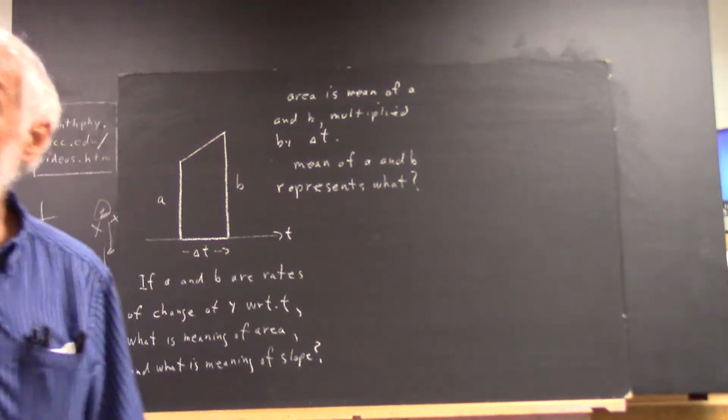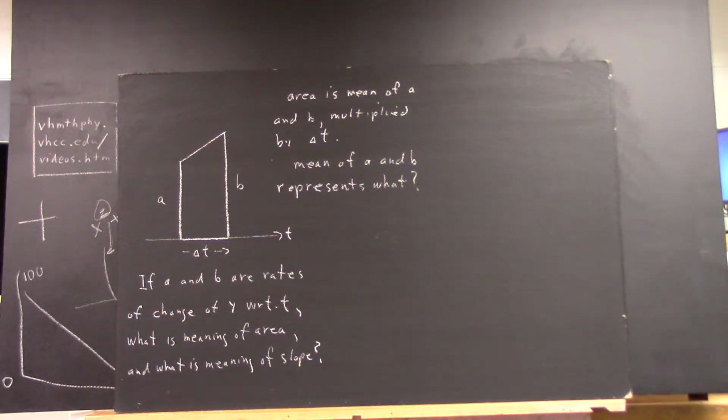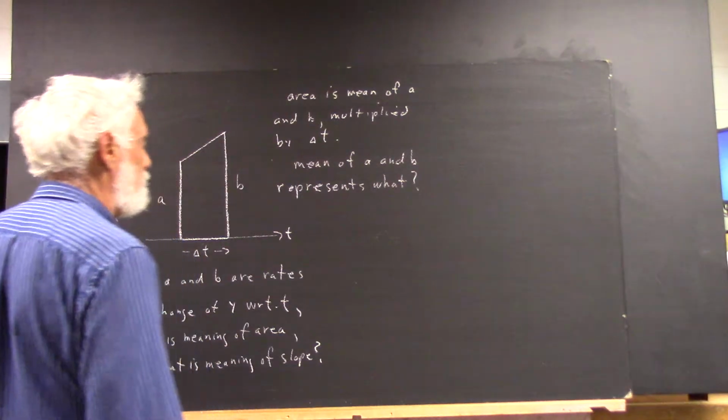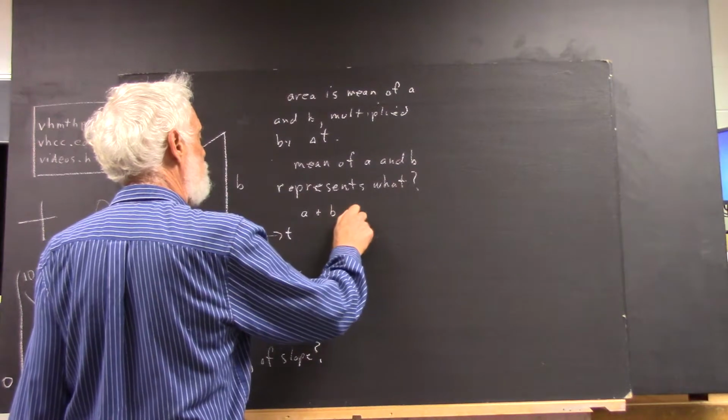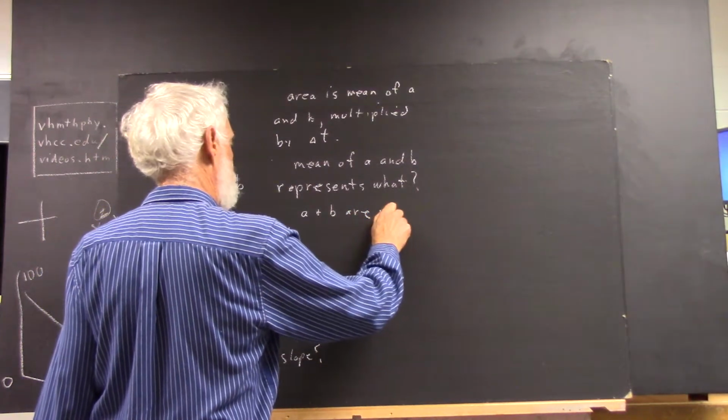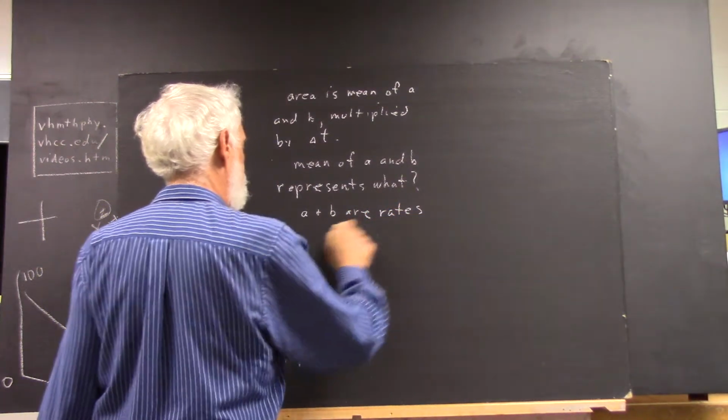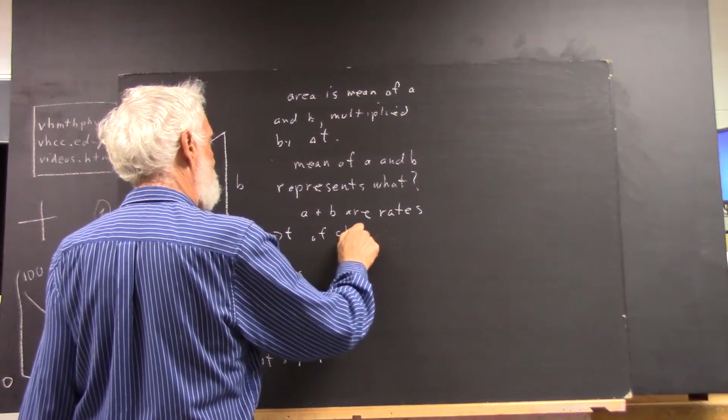Yes? It's the sides of the trapezoid. Yeah. So it's going to be the average rate of change. Yeah, exactly. Very good. A and B are rates of change.